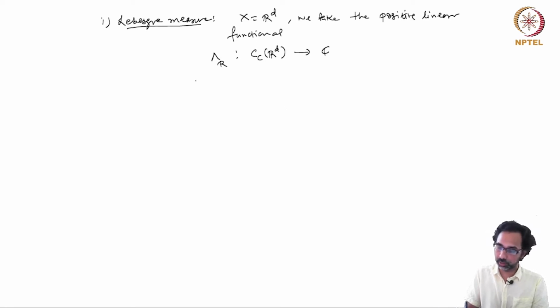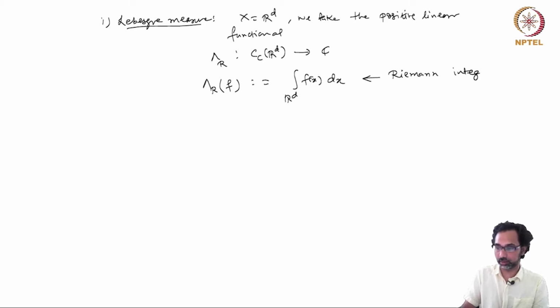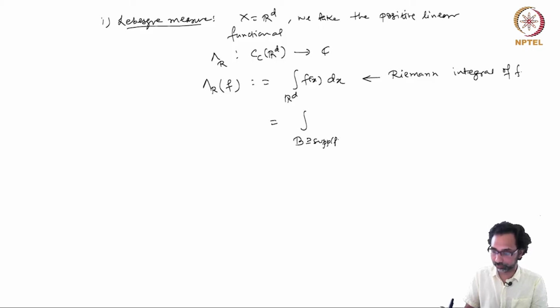and this lambda_R is given by the Riemann integral of f. Notice that since f has compact support and it is continuous, f is Riemann integrable, and you can in fact replace R^d here by some large box that contains the support of f, the integral of f(x) dx.